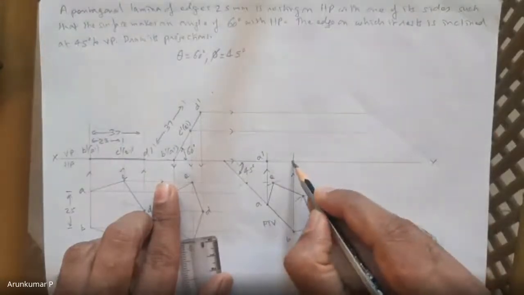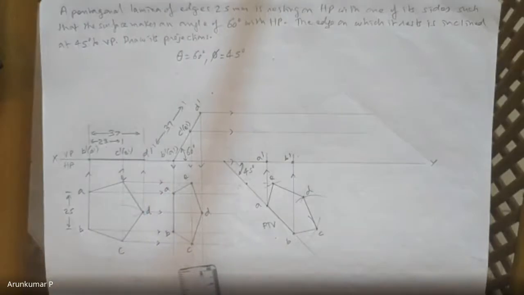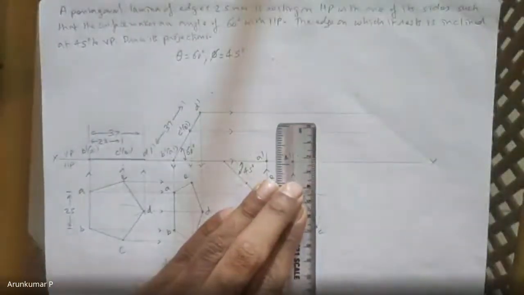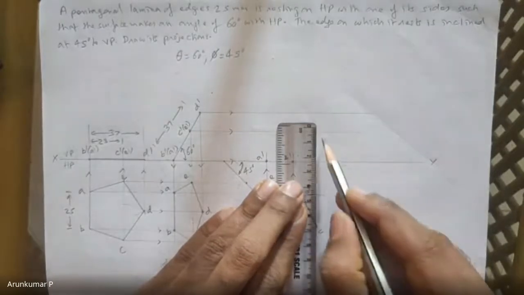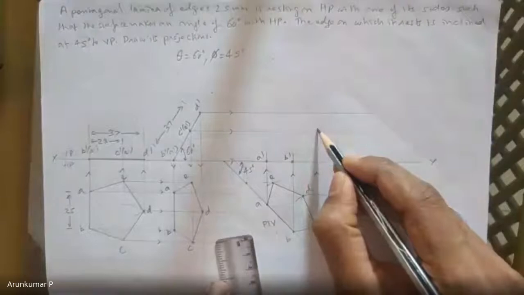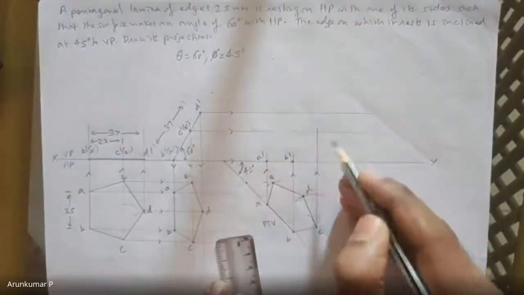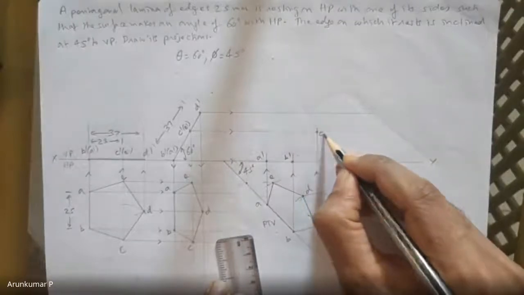So this is B dash. Done. Same way, C. C dash I have to project above XY line till here, but not till the top. Why? Because you find C dash is here. So till here, if I project, this point is C dash.